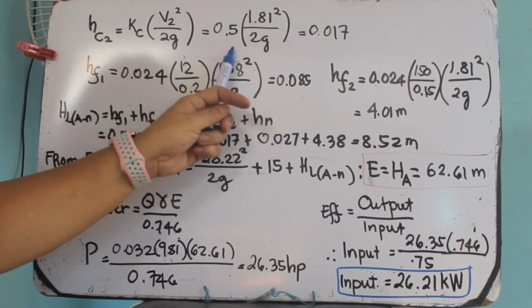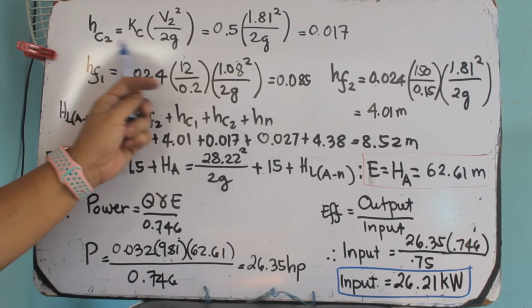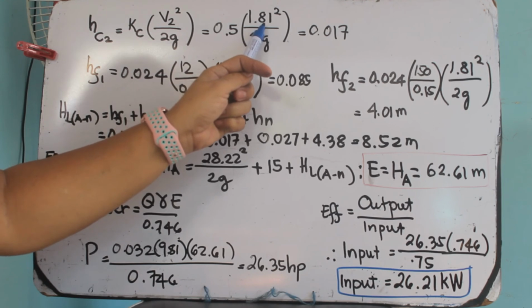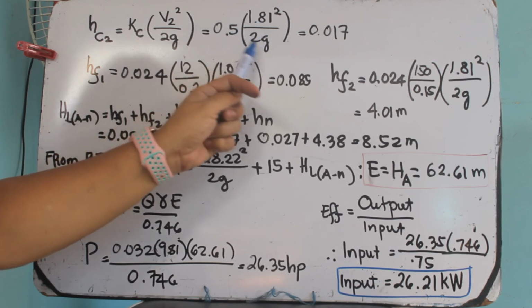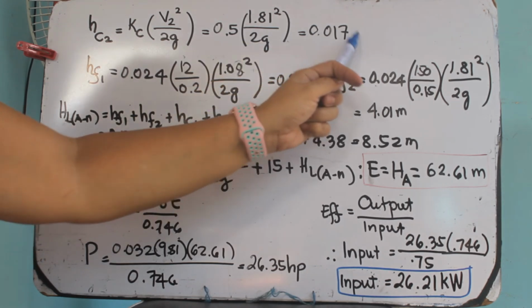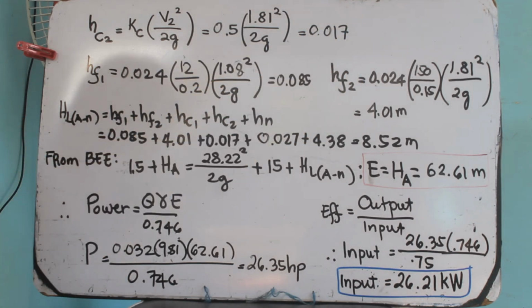So this is again a head loss due to contraction of the pipe. Pipe 2 has a velocity of 1.81 squared. The coefficient of contraction is 0.5, so we get the value 0.017. The head loss due to contraction from 200 mm to 150 mm.